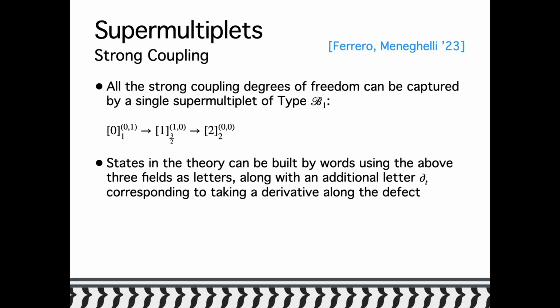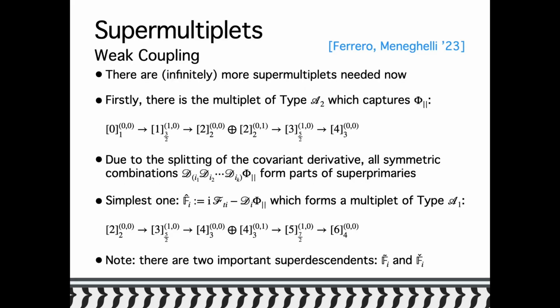You can build states in the theory by building all possible words with various choices of letters, so that they correspond to the particular symmetry sector that you're focusing on. So that's what it is at strong coupling. There's just one superconformal multiplet that captures all of the degrees of freedom.